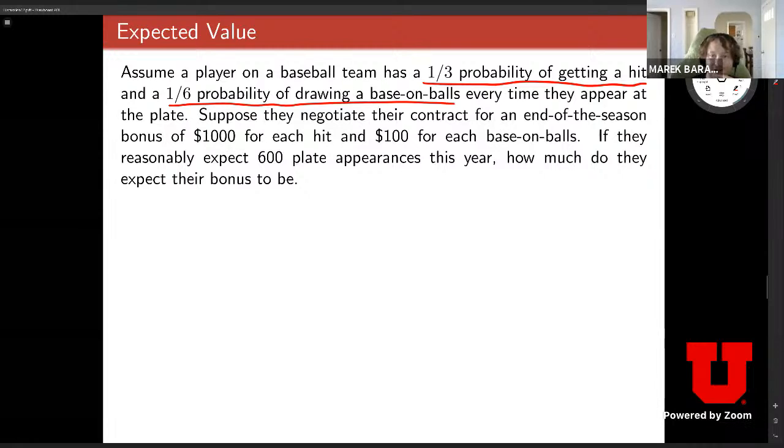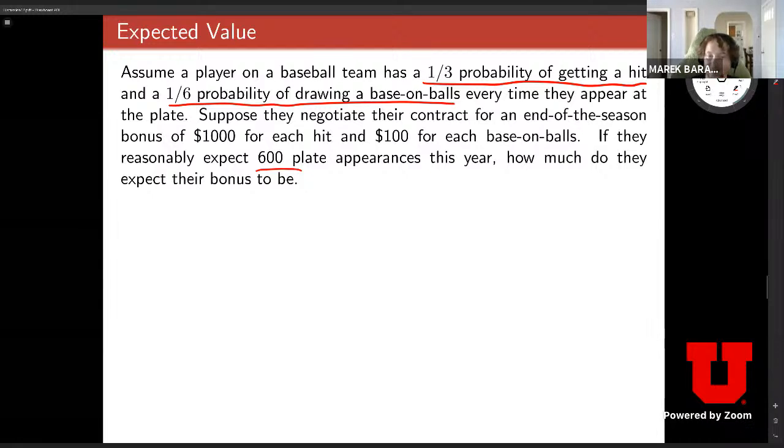Suppose they negotiate their contract for an end of the season bonus of $1,000 for each hit and $100 for each base on balls. If they reasonably expect 600 plate appearances this year, how much do they expect their bonus to be?